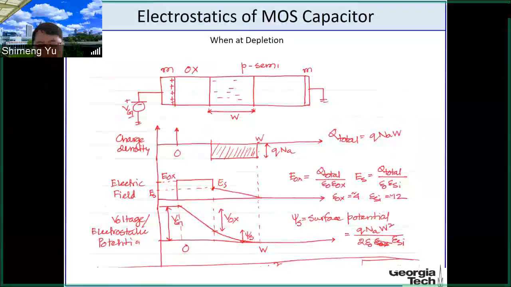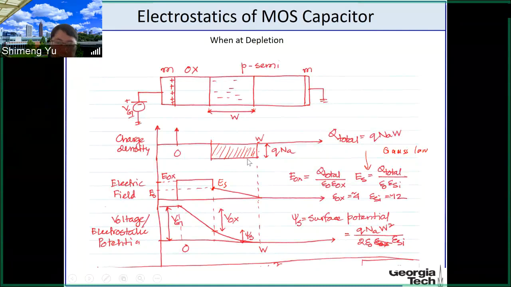So ES is the Q total divided by the epsilon. This is from Gauss's law. So basically, the constant function becomes a linear function.